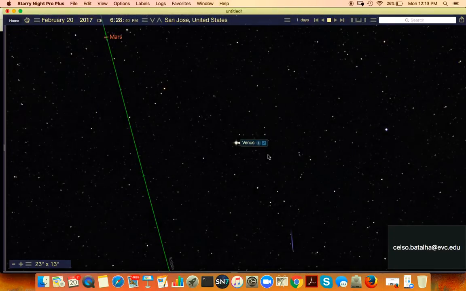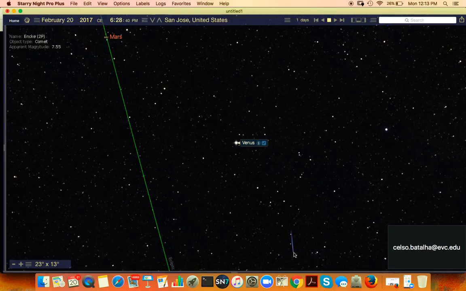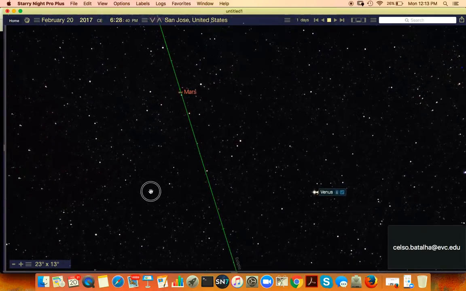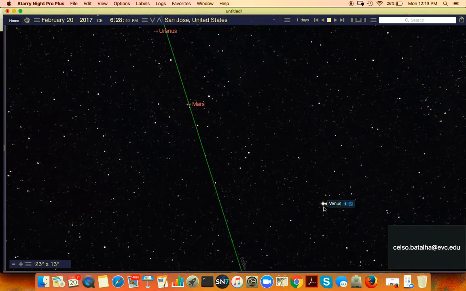let's keep going away. There is a comet there, 2P Encke, magnitude 7.55. You can't see it with the naked eye, right? So you need a telescope and you need to know what it is, and then you can locate it. So Mars is east of Venus.